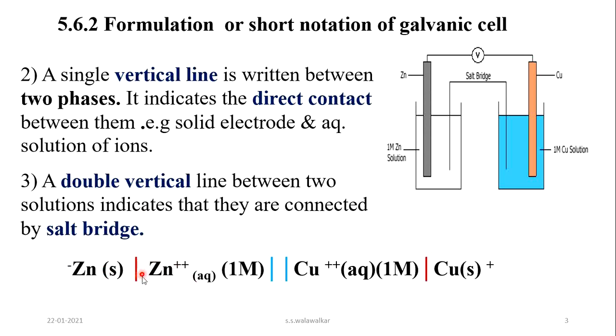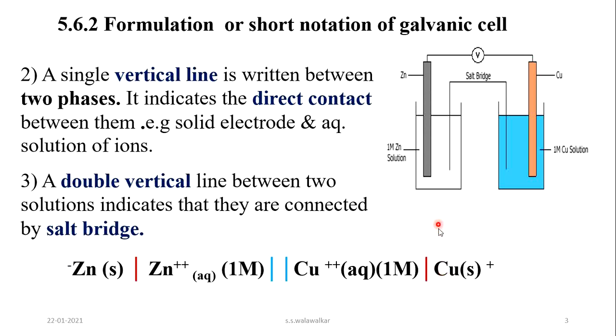That means single vertical line is written between the two phases. Phase differentiation is shown by this single vertical line. Here also copper rod is dipped in copper sulfate solution. Therefore here the direct contact of copper rod and its solution is shown by this red colored single vertical line.